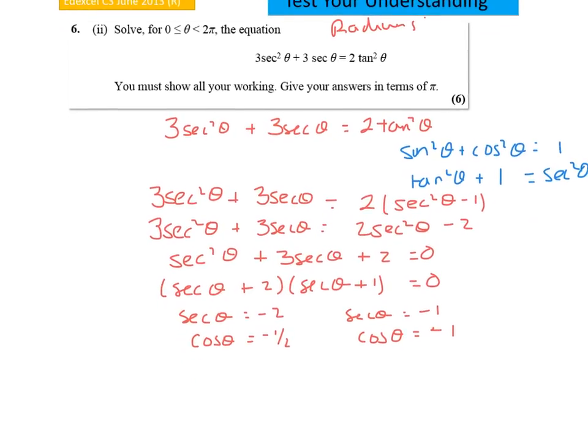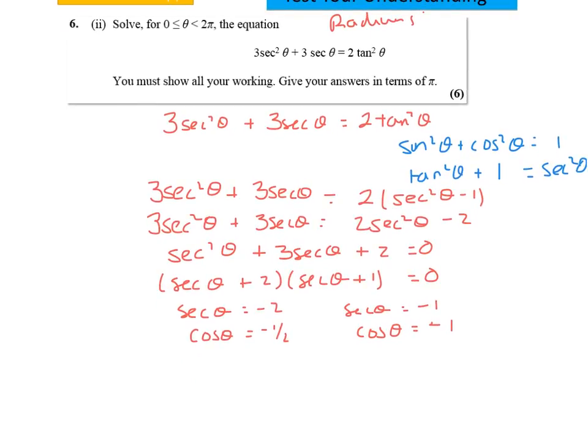Making a bit more room here. So therefore my solutions here, cos theta equals minus a half. So I'm looking in those 2 quadrants. So my values for theta will be 2 pi over 3 and 4 pi over 3.